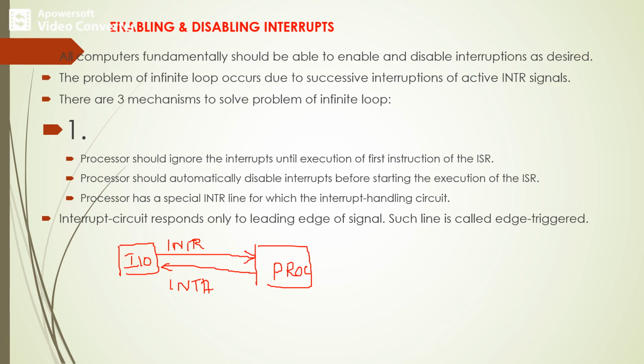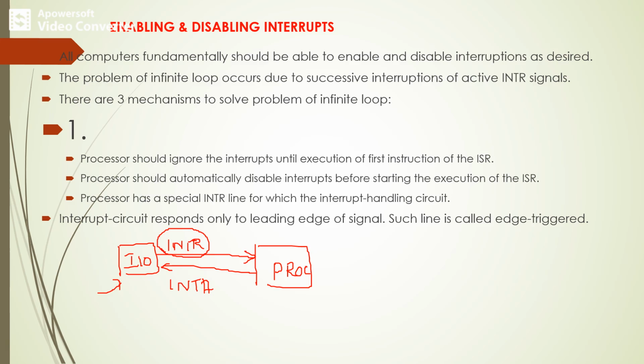The processor provides the service which was requested by the IO device. But even after receiving the service, this IO device holds the INTR request within itself. So the processor has already provided the service, but the IO device still holds the interrupt request.